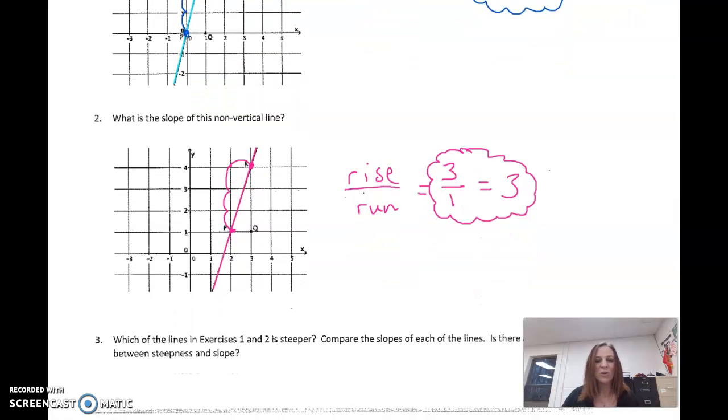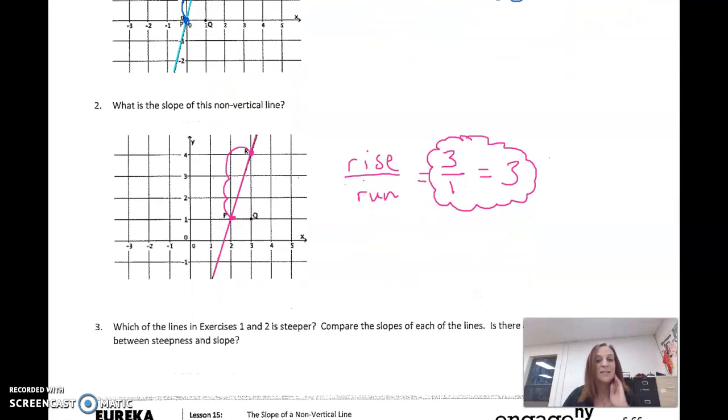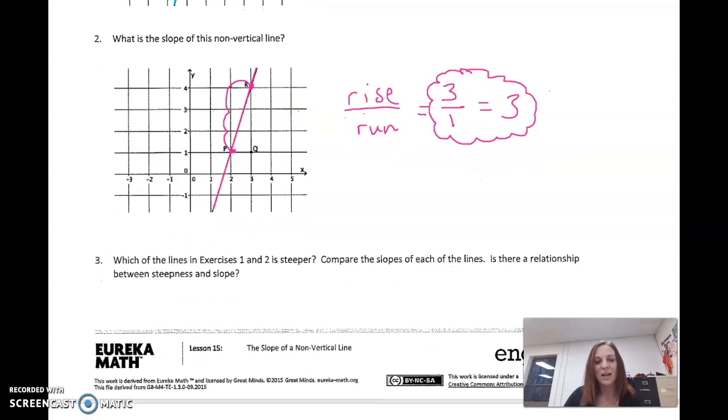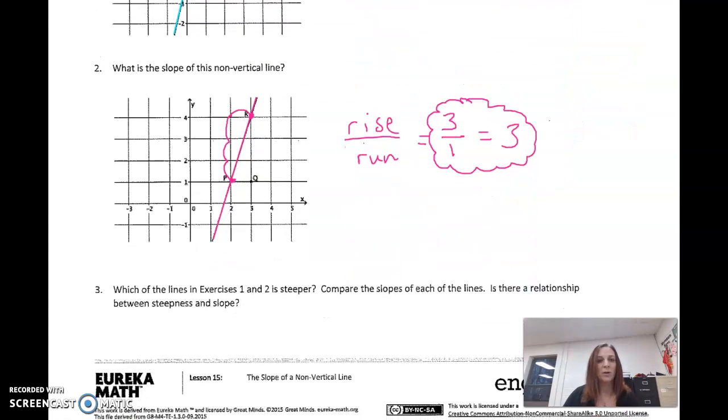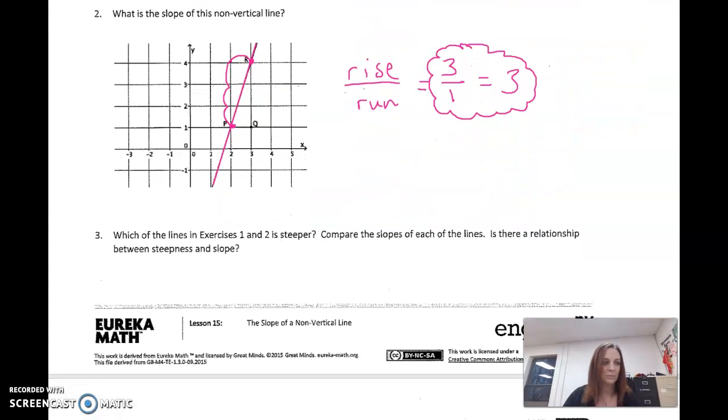It says, which of the lines in exercises 1 and 2 is steeper? Compare the slopes of each line. So in number 1, we had a slope of 4. That's not a hashtag, it means number. So problem 1, slope of 4. In problem number 2, it was 3.